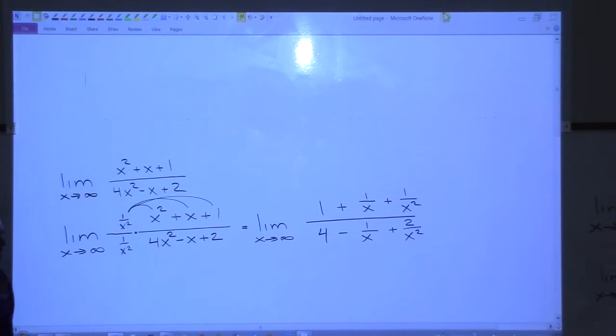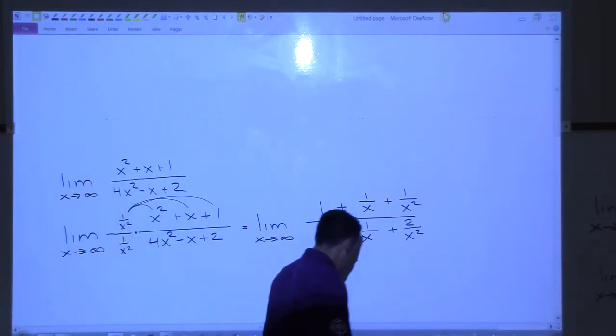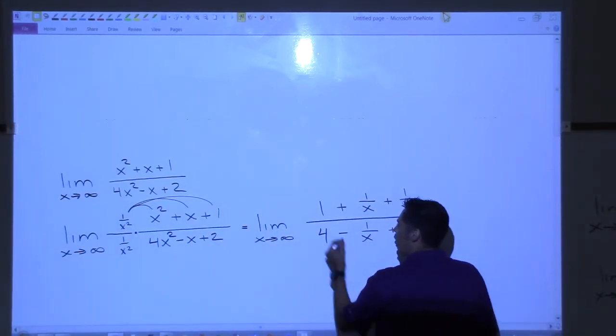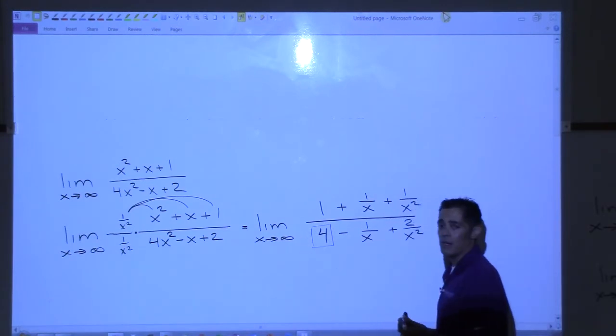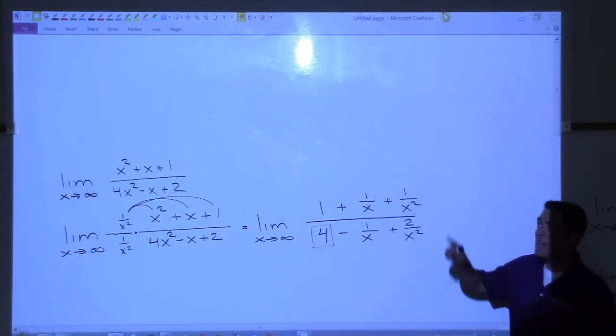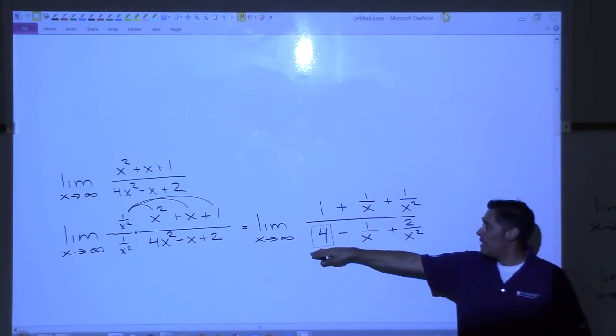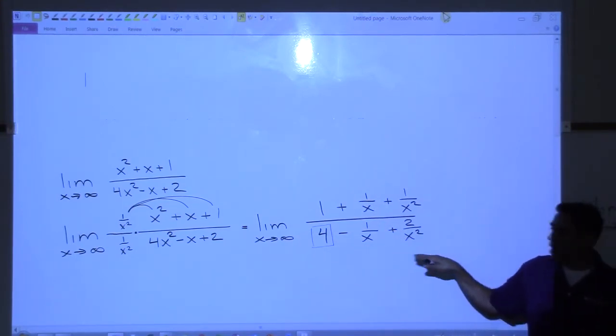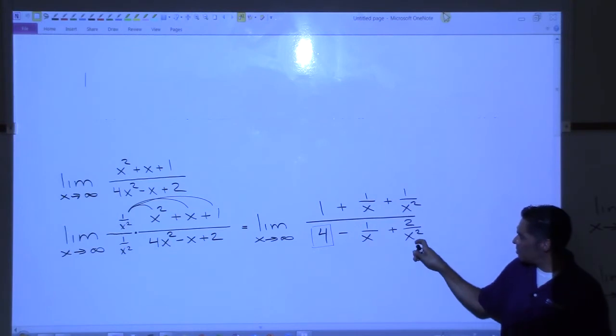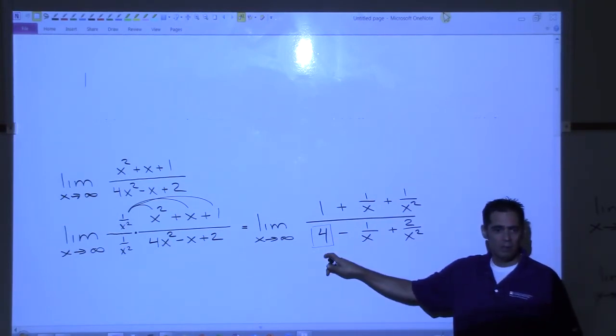Because what you have to guarantee me is that you leave at least one constant in the denominator. Because if you're looking at the numerator, you can go mess with the numerator and wind up wiping everything out on the bottom. What if you wiped everything out here? Like this is going to go to 0, that's going to go to 0. What if that went to 0?